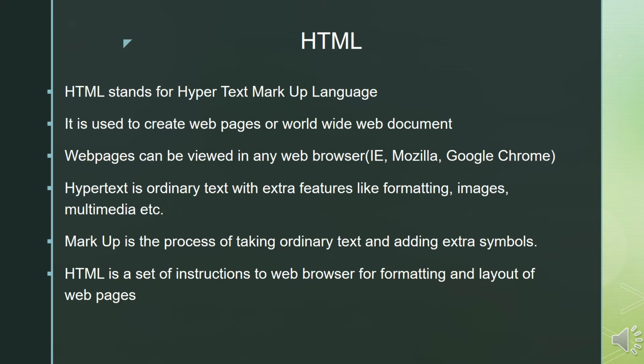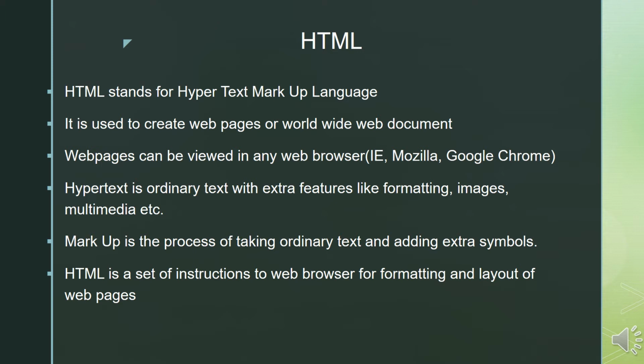HTML 4.01 was a major version of HTML and it was published in late 1999. Though the HTML 4.0 version is widely used, currently we are working on the HTML 5 version, which is an extension to 4.01, and this version was published in the year 2012.